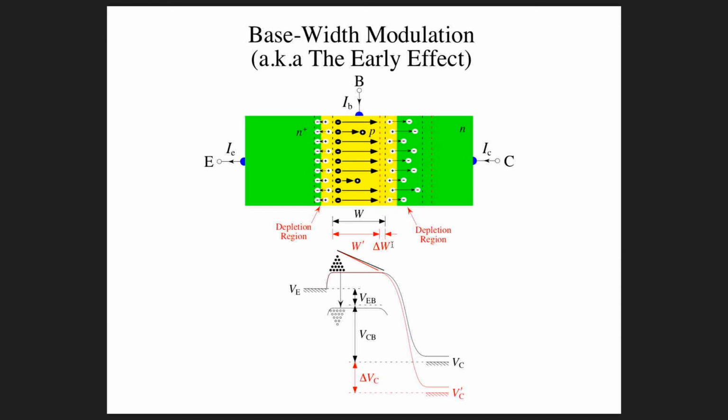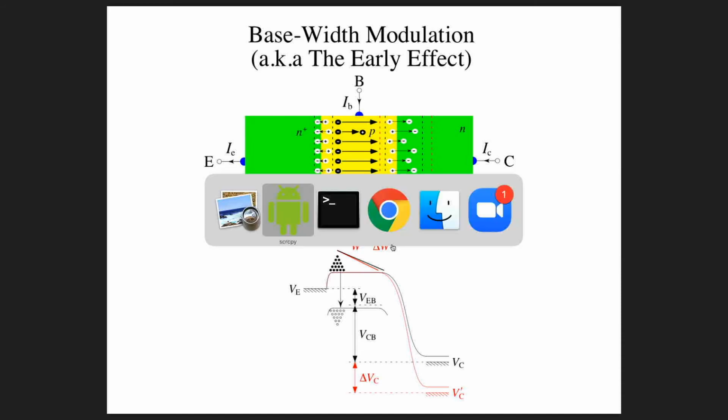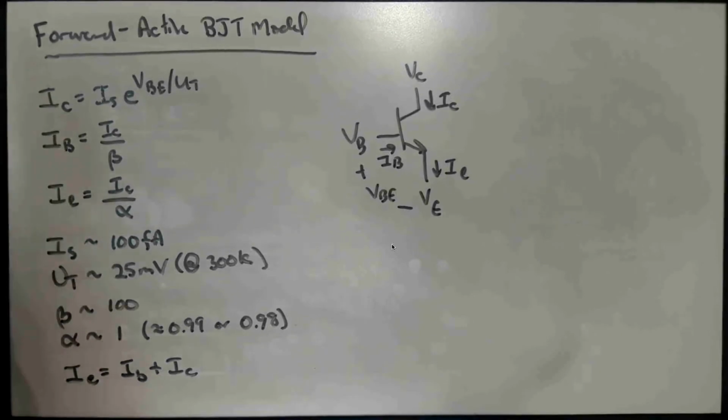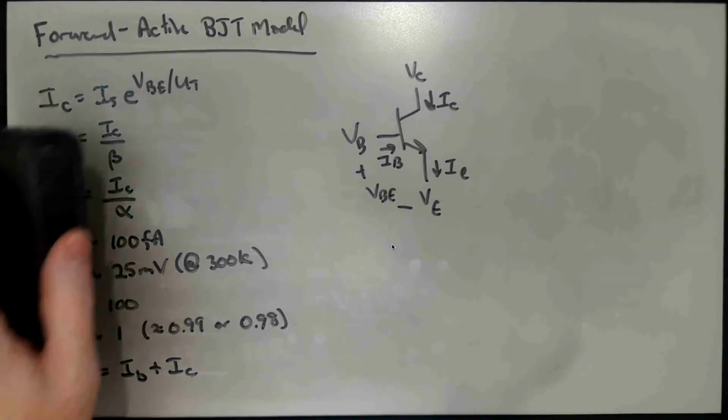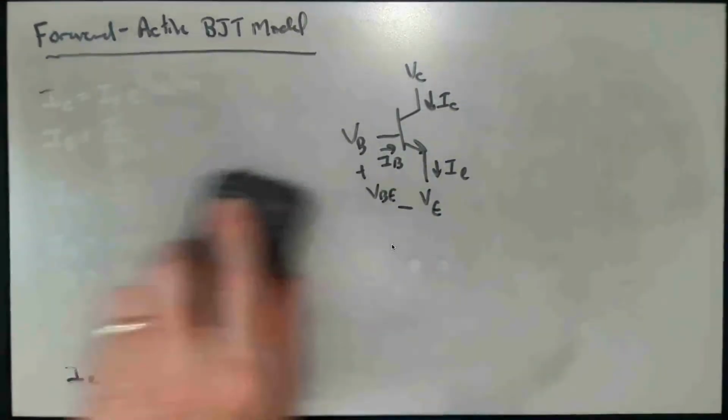Anyway, the way that we patch our forward active model, if we go back to here, is that we have our transistor, so modeling the Early effect.